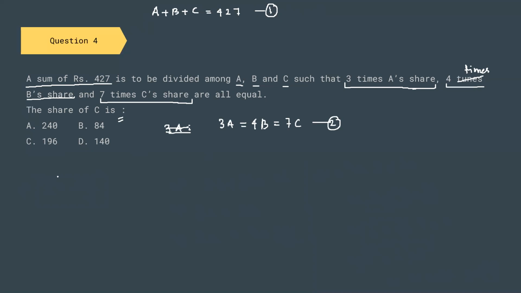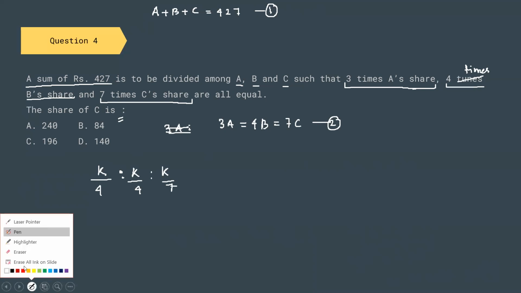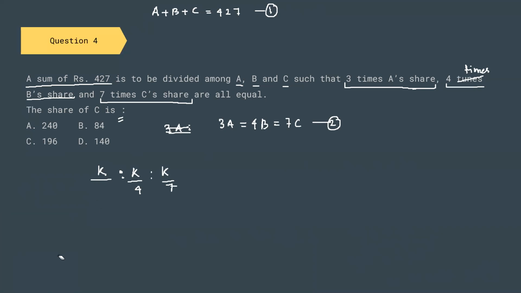So according to ratio and proportion, we can write K by 3, that is the ratio for A, is to K by 4, and this is K by 7. Okay, so we can write it like this. So this equation can be transferred like this. Remember, this is an important relationship.